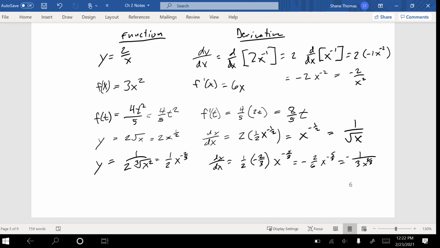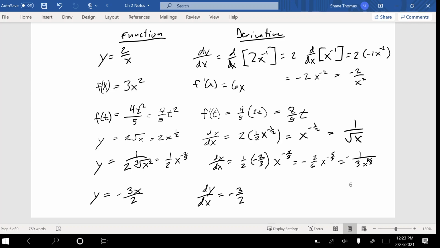All right, let's look at one more here. Let's go y is negative 3x over 2. So dy/dx is going to be, I'm going to write the negative 3/2 out front. Then I just have x.